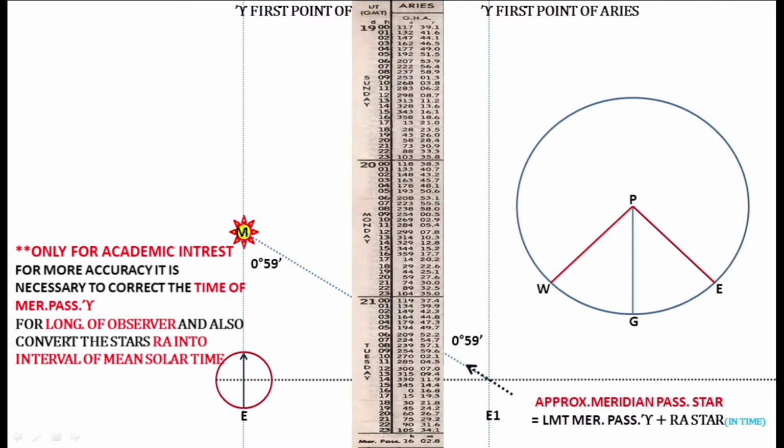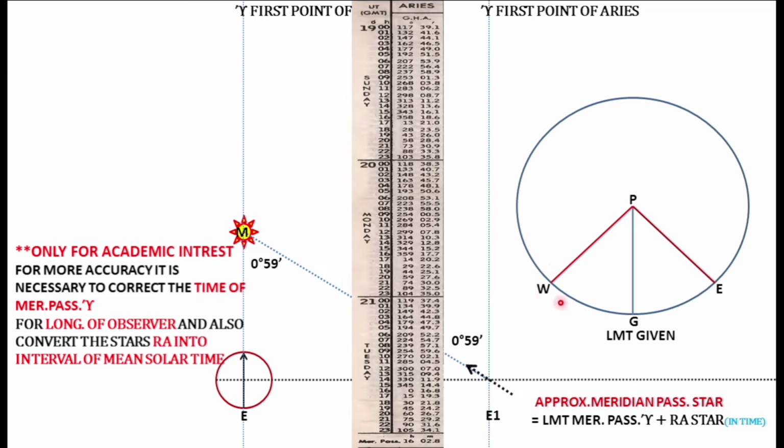So if you had to go in for a little bit more accurate result, you would have to go in for correction for longitude of the observer. And for the RA, we did not try to figure out that 4 minutes difference, so these two corrections would also have to be applied. Now we talked about longitude correction already, when we talked about the moon. So this is the LMT given to us right here, LMT meridian passage, and that is for the middle day.